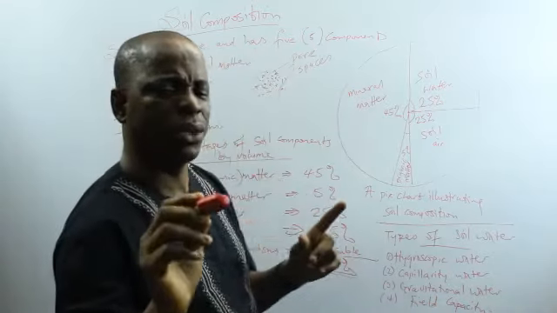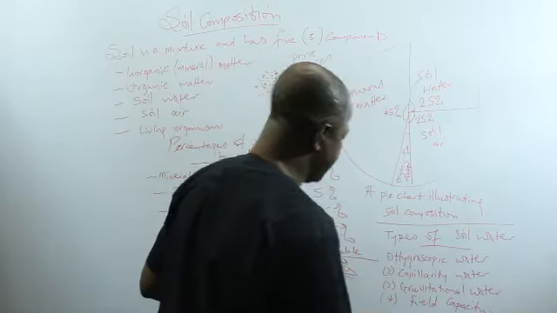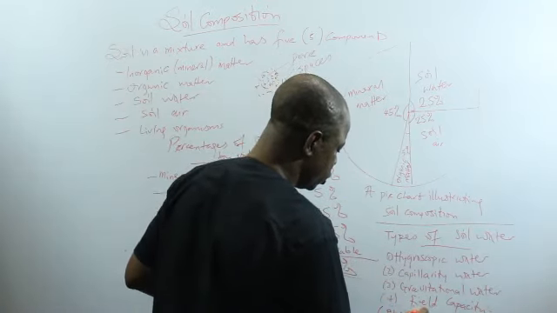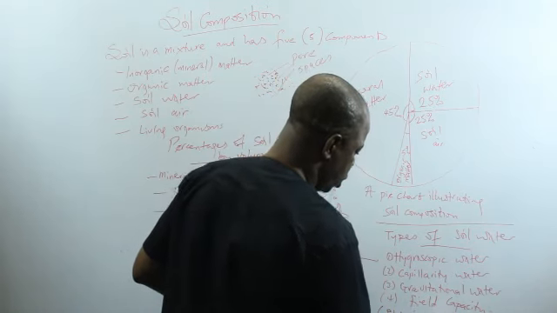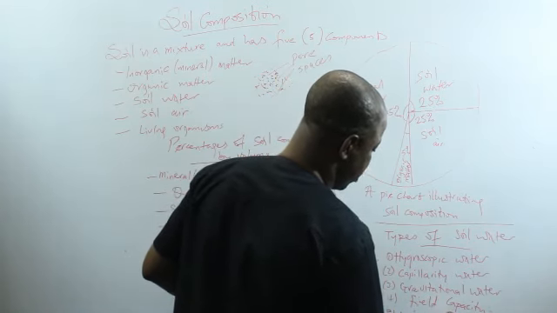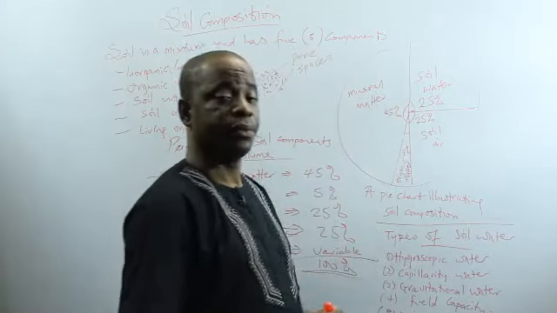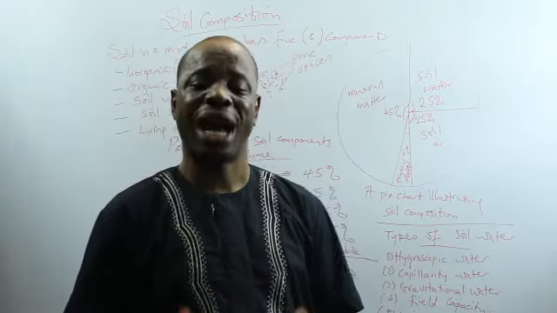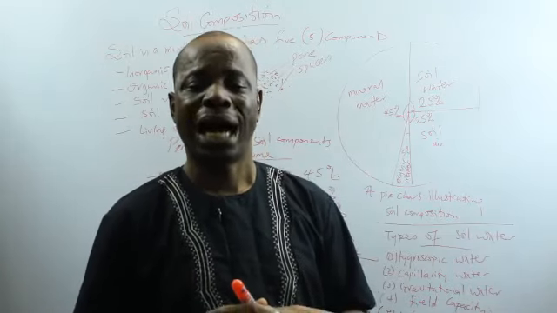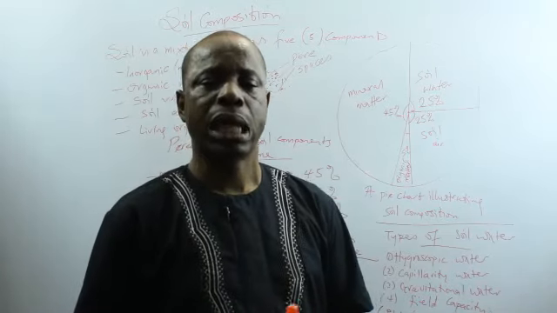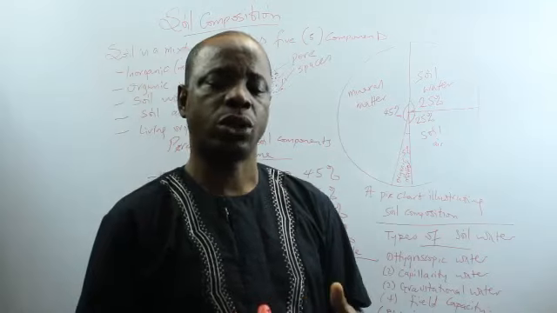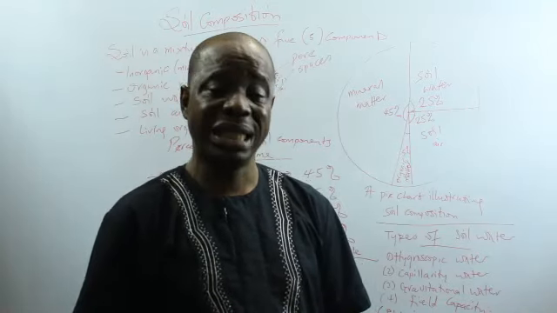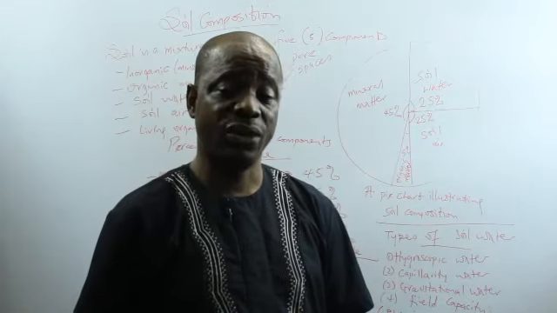There are other things that we need to mention there. There's something we call wilting point. Wilting point is the amount of water remaining in the soil when the plant begins to dry up due to lack of enough water. Now, we know crops need to obtain water in the soil for turgidity, for cellular growth and development.